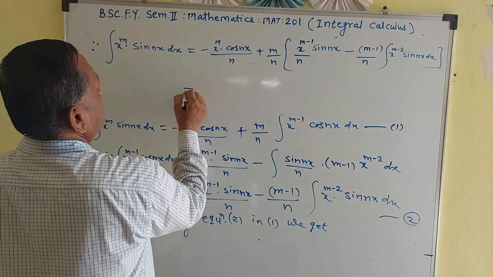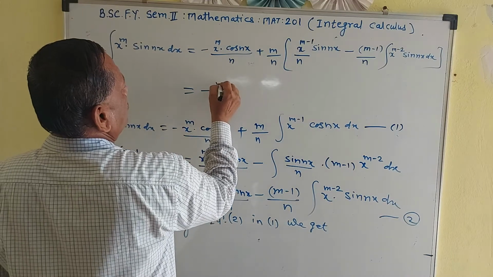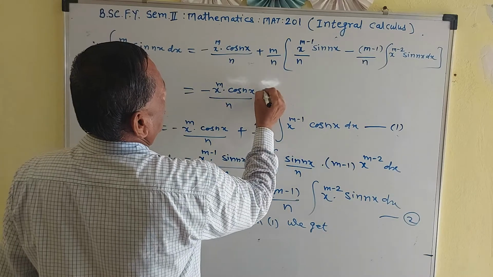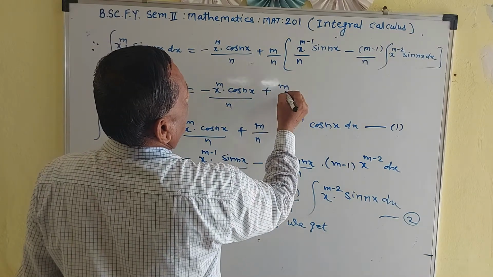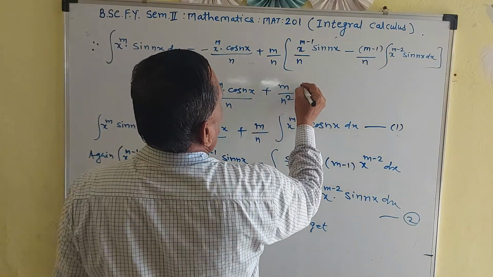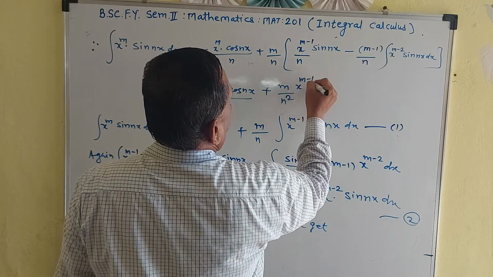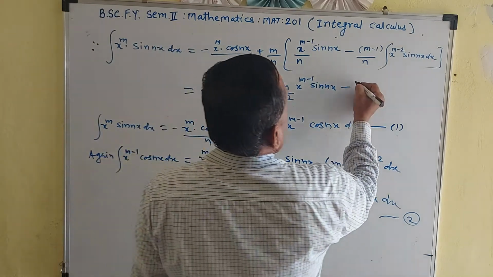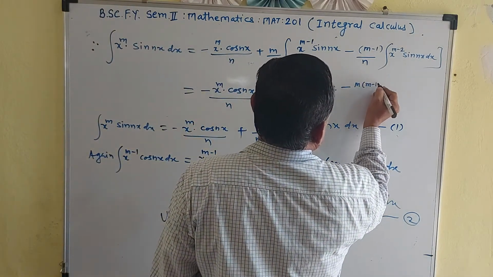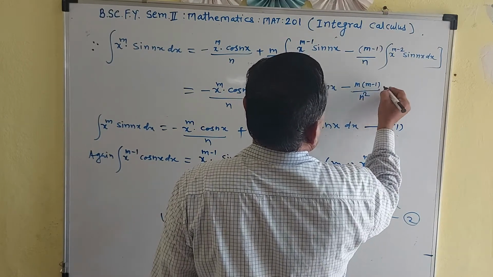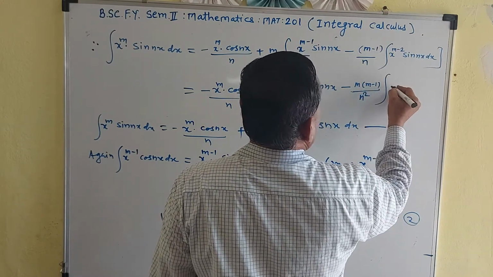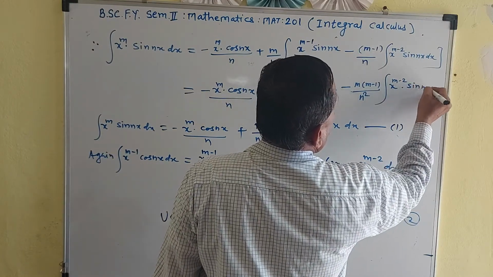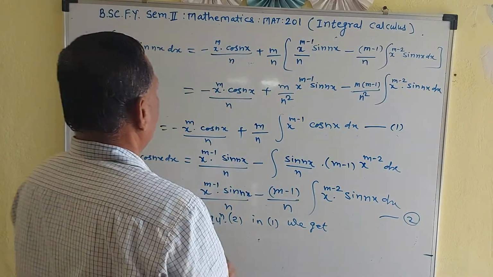Or this can be written as minus x raised to m into cos nx upon n plus m upon n square x raised to m minus 1 into sin nx, then minus m into m minus 1 upon n square into integration of x raised to m minus 2 into sin nx dx.